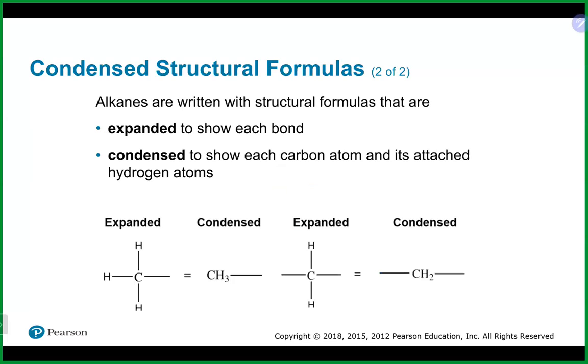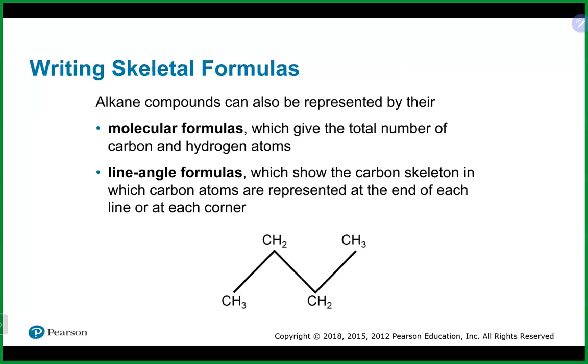There's our expanded formula, where we show the bonds to the hydrogens, and our condensed, where we don't draw out our hydrogens. There's our skeletal formula, sometimes called the line angle formula, but I call it just line structure. Usually you won't see the carbons written out; it's just the line.